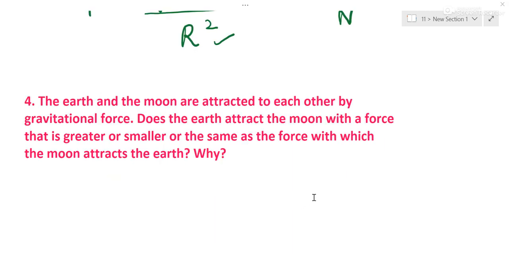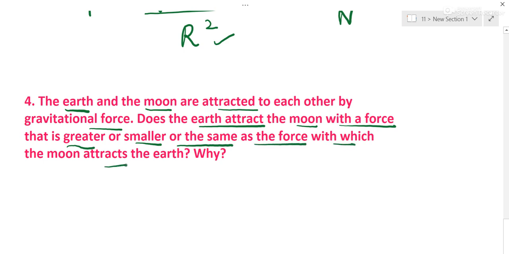Next question is, Earth and Moon are attracted to each other by gravitational force. Does Earth attract Moon with a force greater or smaller or the same as the force with which Moon attracts Earth? So both are the same.